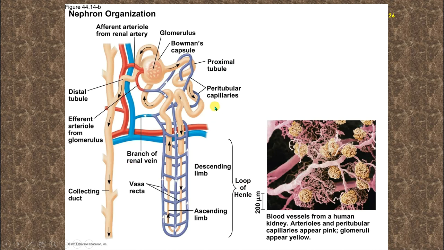And this is the structure where we use different types of diuretics, and blood vessels from a human kidney. Here you can see the arterioles and peritubular capillaries appear pink, and glomeruli appear yellow. So this is the entire structure of the nephron organization.